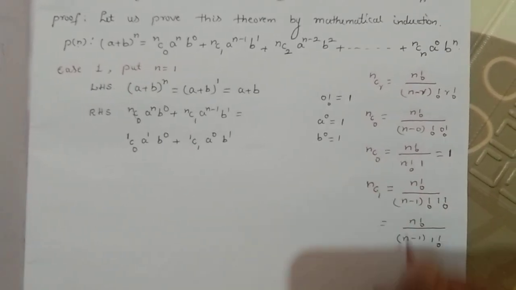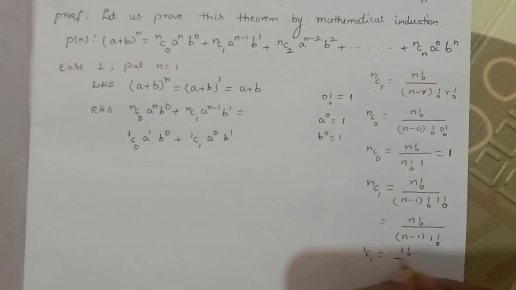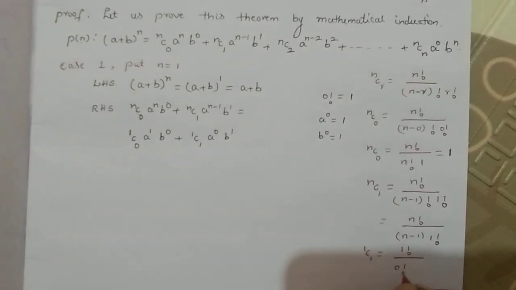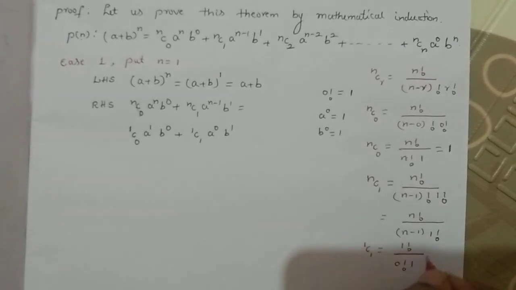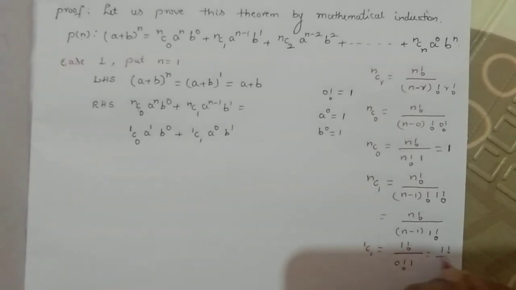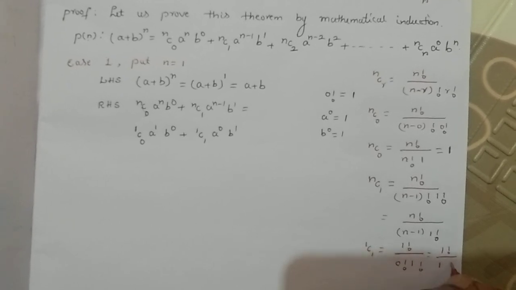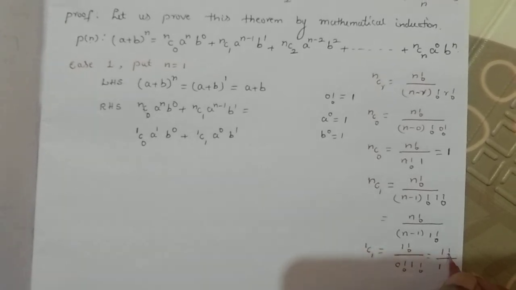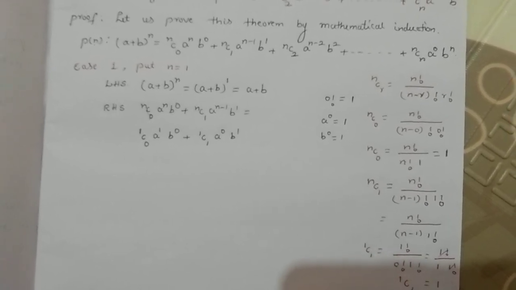Now 1C1 is 1 factorial by (1 minus 1) factorial, that is 0 factorial. Here 1 factorial is nothing but 1. So 1 factorial by 0 factorial means 1, and 1 factorial again is 1. So the 1 factorials cancel.